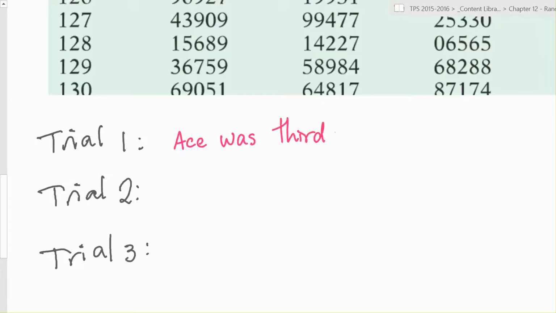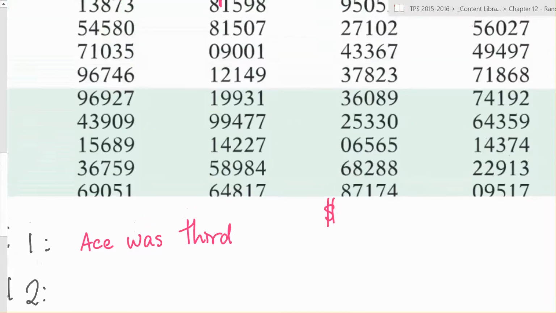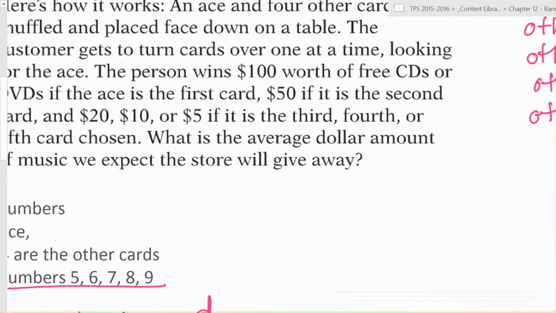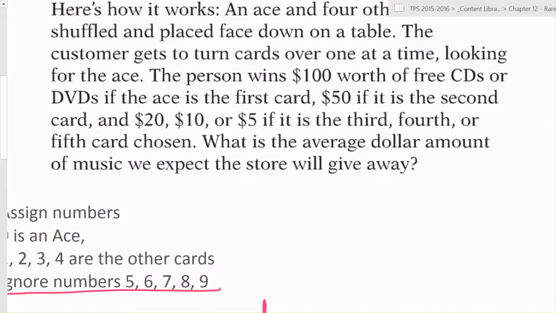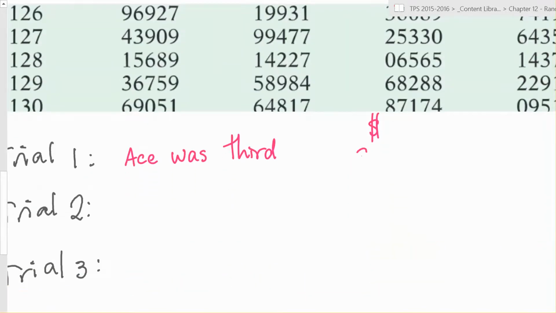It's the third card drawn. And then how much money does that get me? Well, if it's the third card drawn, I get $20. Okay, so I'm going to say $20 is what I won.